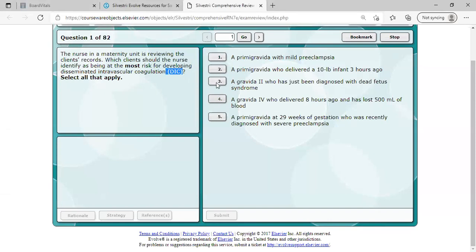Before we go and read these questions and answers, I want to ask, what is disseminated intravascular coagulation? It is also known as DIC, or coagulopathy. What is it?